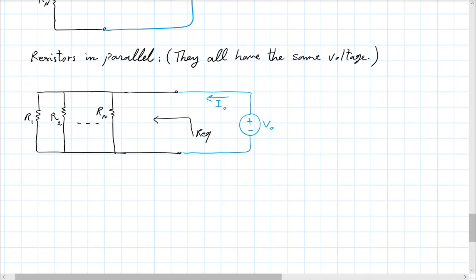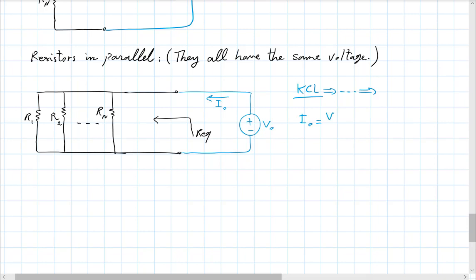And so if you write that KCL, again, with a little bit of manipulation, you will get I naught being the sum of all those currents. And you see that the voltage across each resistor is V naught.